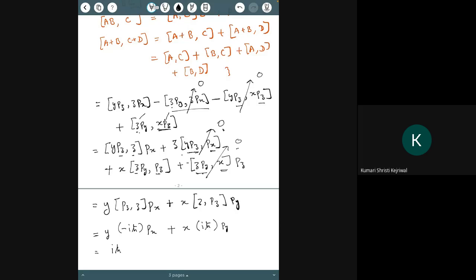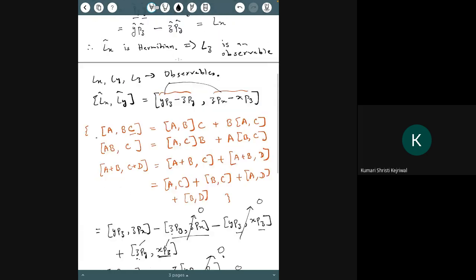So I have iħ and I have xpy from the second term minus ypx from the first term. And that is equal to then iħ. Remember where you've seen that expression, it's Lz. So this is now very interesting. So what were we working out?